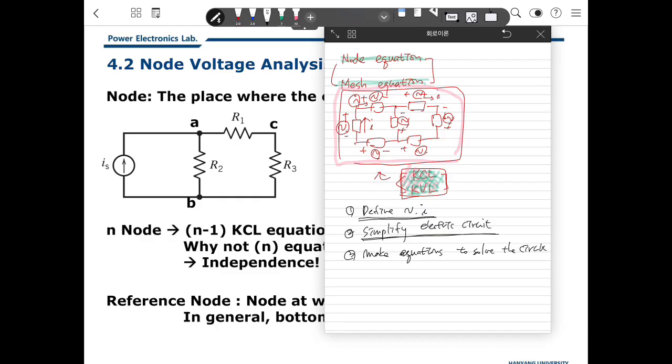I already told you about how to simplify resistors connected in parallel and series. In this chapter we will do how to make equations to solve the circuit. The techniques to make equations are node equation and mesh equation.